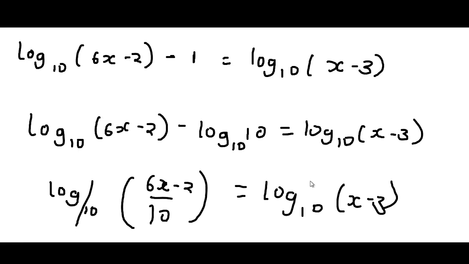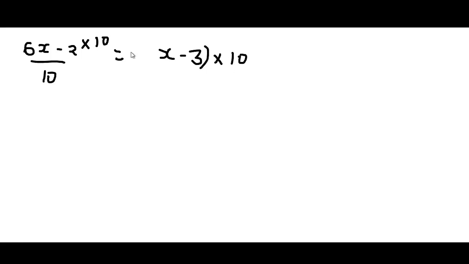So this log and this log cancel out. You're left with 6x minus 2 over 10 equals x minus 3. So we can multiply this side by 10 and this other side by 10. So this 10 and this 10 cancel off. You're left with 6x minus 2 equals 10x minus 30.